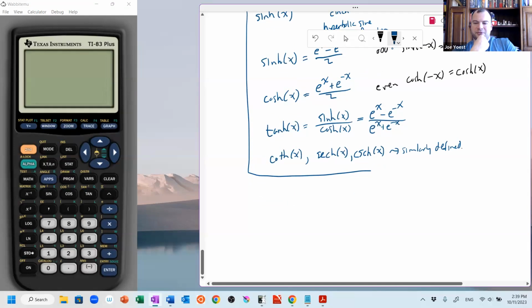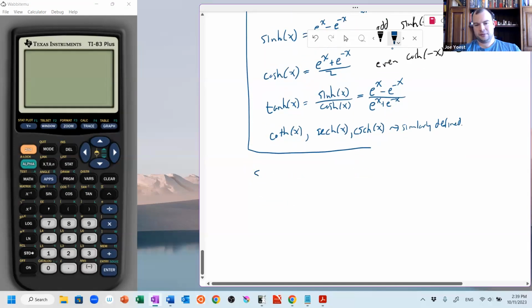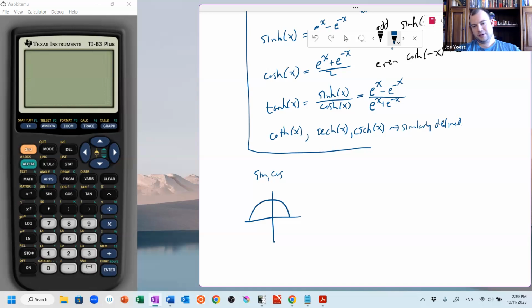So where do these come from? So sine and cosine are intimately related to the unit circle, right? The bane of everybody's existence in trig.